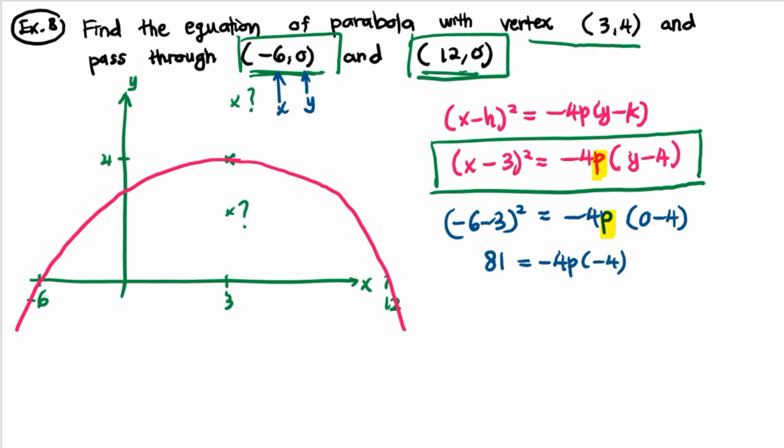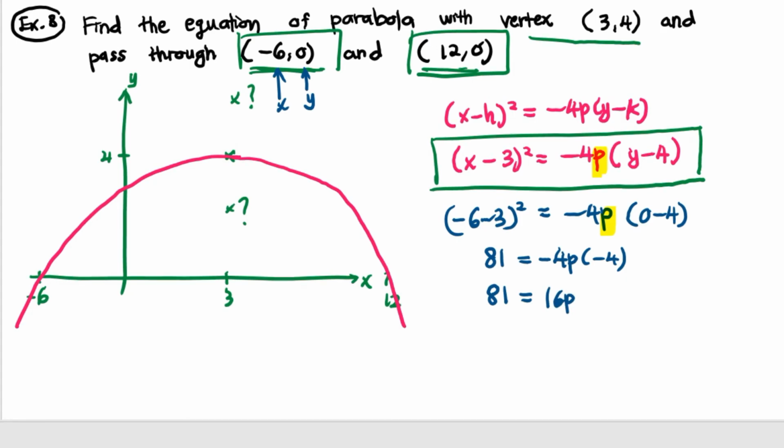Negative with negative will give you a positive. Therefore, you have 16p, and p is 81 over 16.